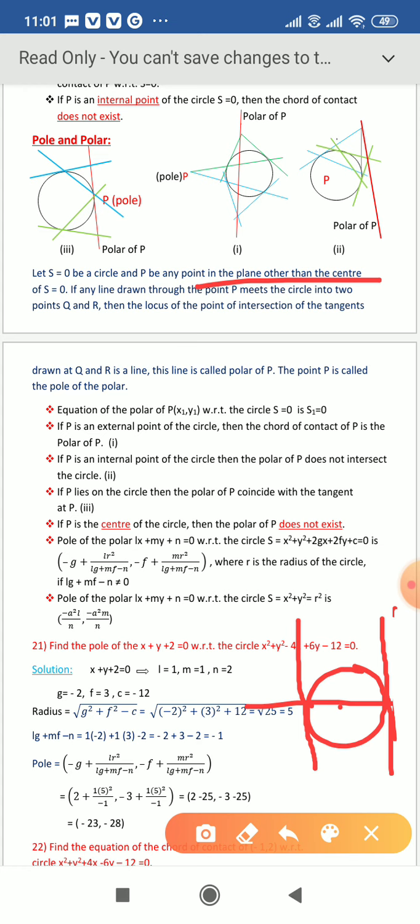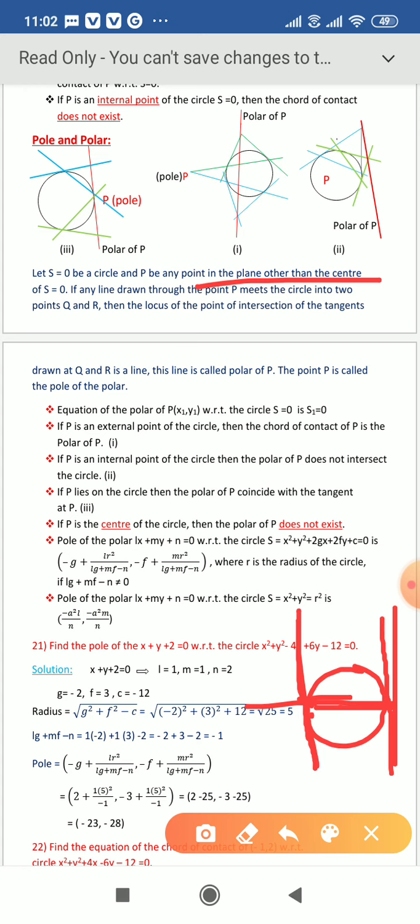These are the tangents. Tangents are always perpendicular to the radius at the point of contact. So this is the point of contact, this is the tangent, and this is the radius, so they are perpendicular to each other. In the same way, this tangent is perpendicular too.